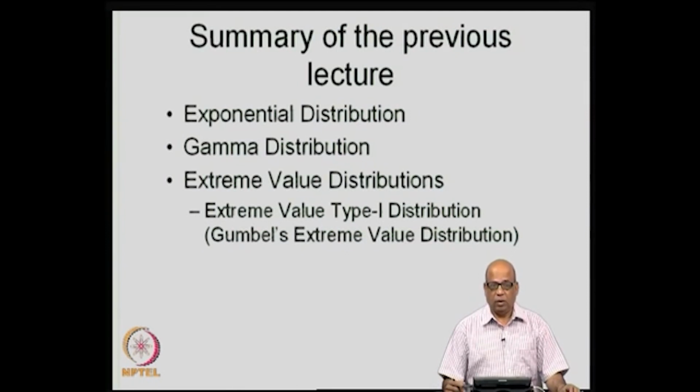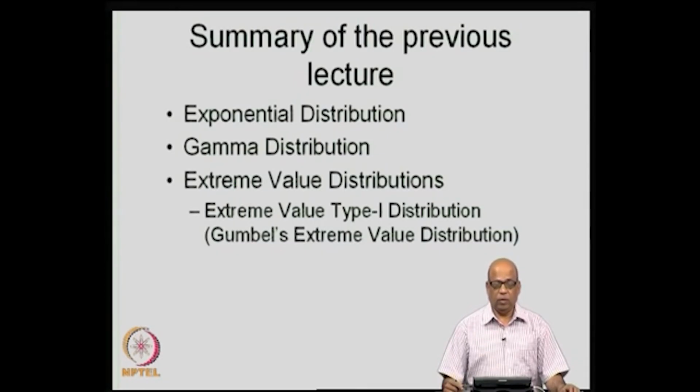For example, if you are interested in the maximum values, then it should be unbounded on the positive side. If you are interested in the minimum values, it should be unbounded on the lower side. So, extreme value type 1 distribution essentially comes from the parent distributions which are unbounded in the direction of the extreme values that we are interested in. And we introduced the Gumbel's extreme value distribution.